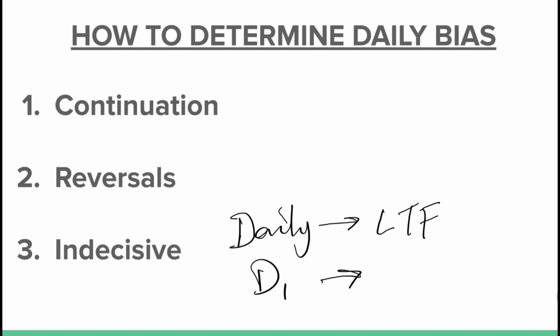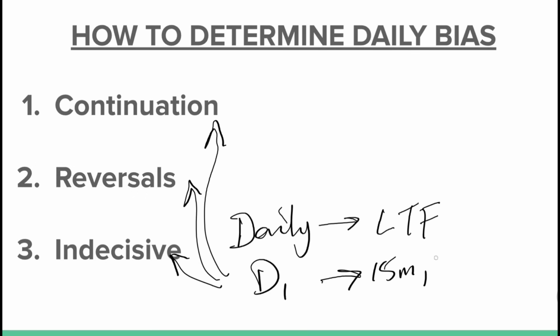If you see the D1 in this form, or this form, you now know what to do on your 15 minutes, 5 minutes, or even 30 minutes time frame. These are the lower time frames that I work with. The D1 will tell you the direction of the market for that particular day.